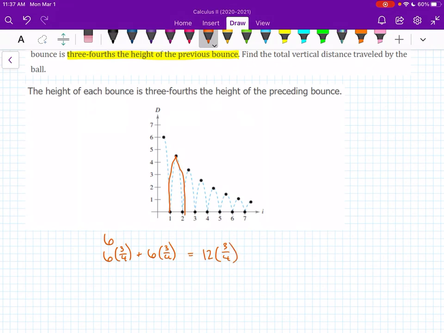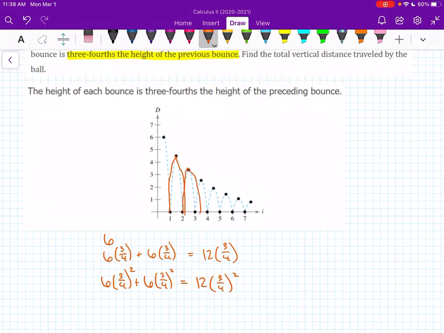Okay, and then my next one, I'm going to do that again. So I have 6 times 3/4 plus 6 times 3/4, 3/4 squared, excuse me, 3/4 squared and 3/4 squared. And so this bounce here is going to be 12 times 3/4 squared. So that's this bounce from 2 to 3, okay?